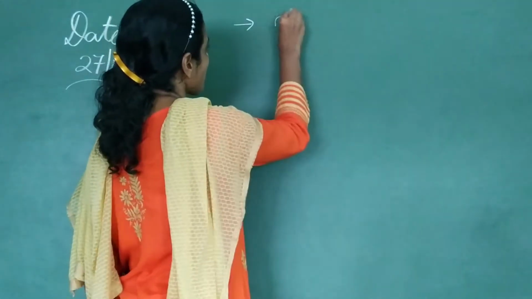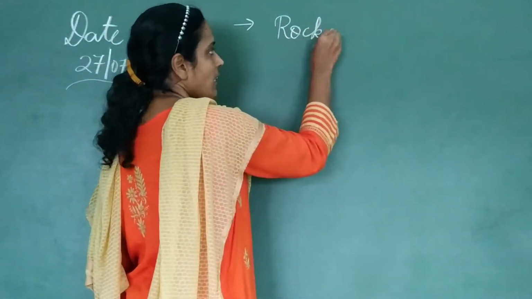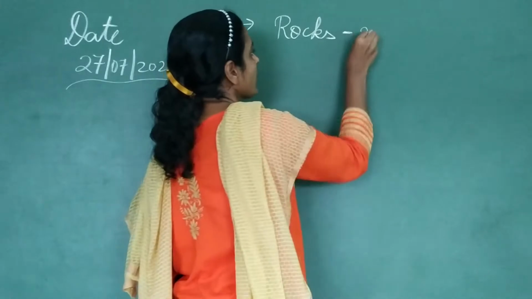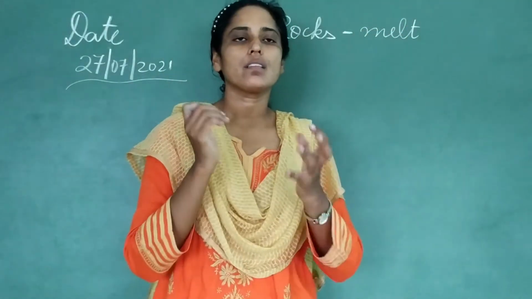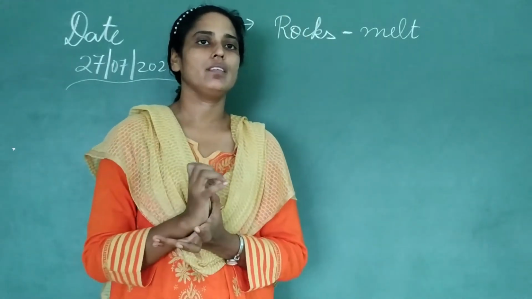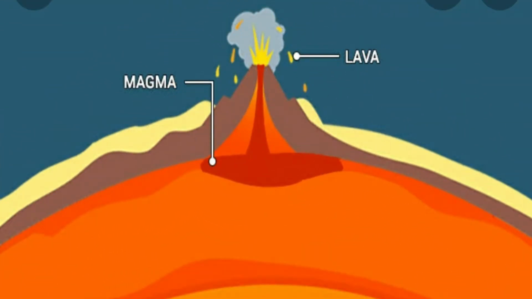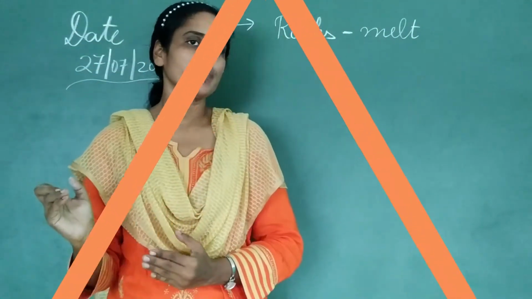So the rocks inside the lithosphere melt gradually because of the intensive heat, and the matter changes from solid into semi-liquid.